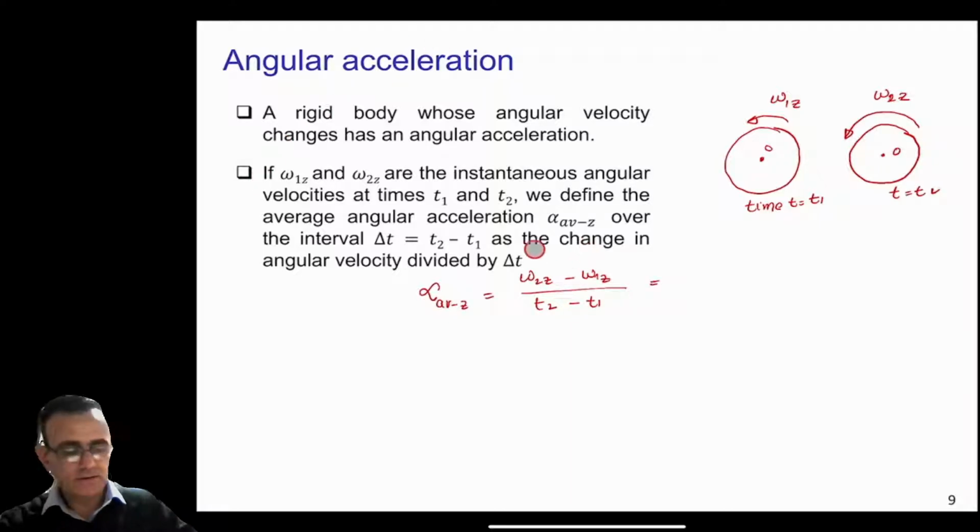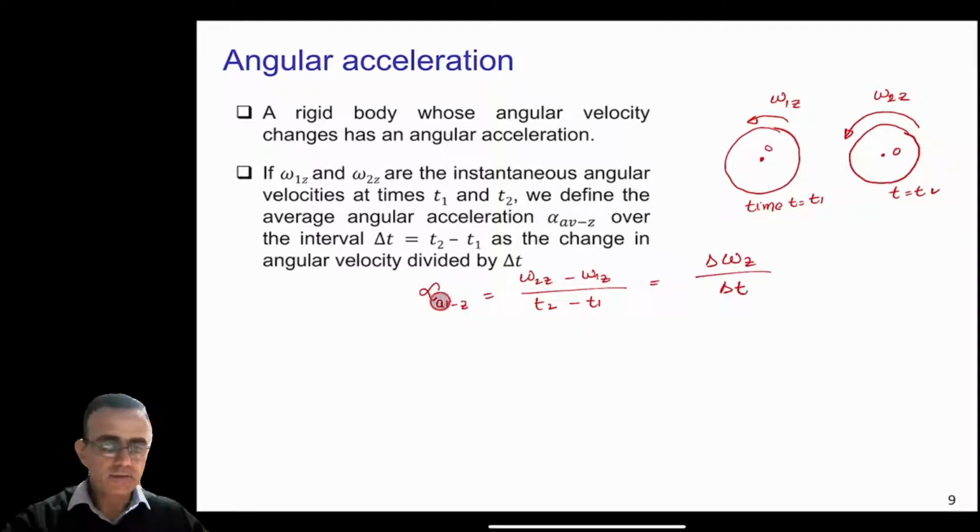The term in the numerator is just the change in angular velocity, which we can represent by delta omega z, and this is the change in time, which you can represent by delta t. So the average angular acceleration is equal to the change in angular velocity divided by the change in time.